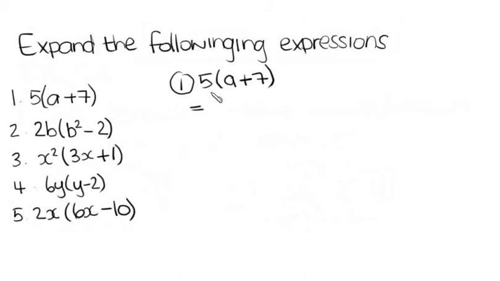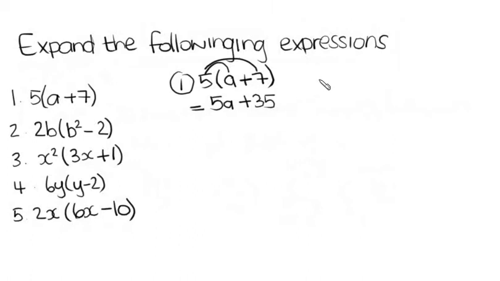So I have 5 multiplied by a, which gives me 5a, and 5 multiplied by 7, which gives me, because I have positive 5 and positive 7, I know my answer must be positive, and therefore positive 35. Great. So I hope this one was easy.